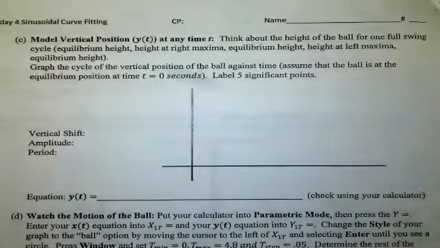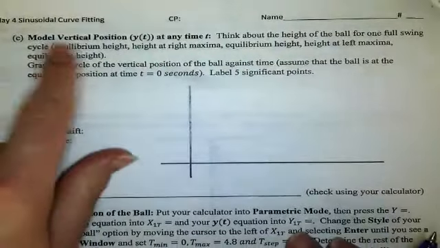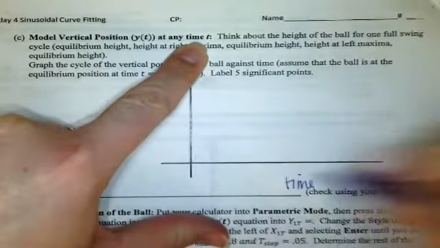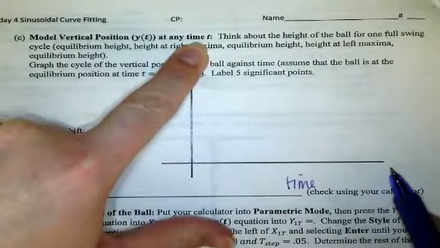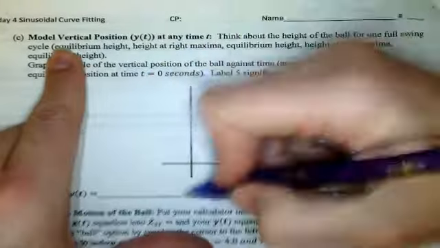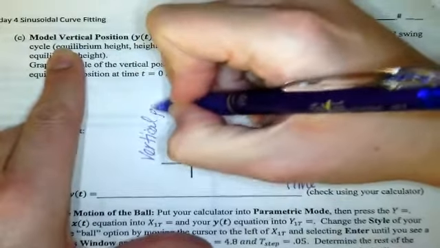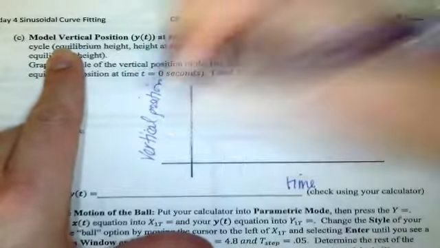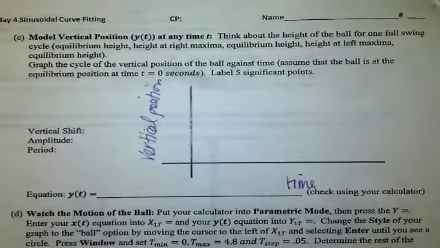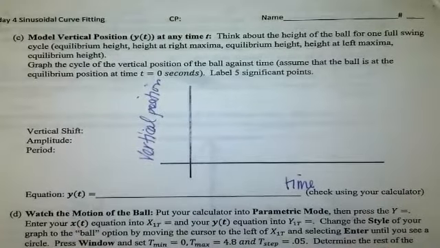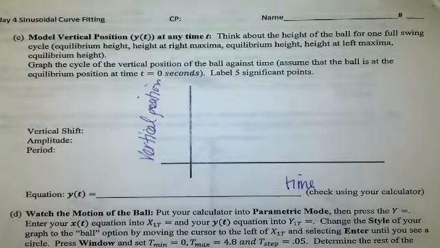All right, so now we want to model the vertical position at any time t. So again, we have time on this horizontal axis, and now on the vertical axis we're modeling the vertical position. Again, we want to think about the height of the ball. How high is the ball above the ground for one full swing cycle?